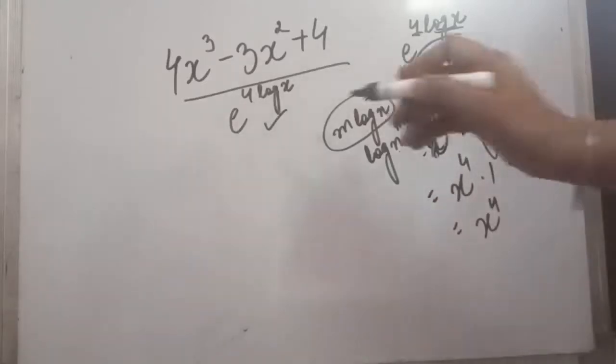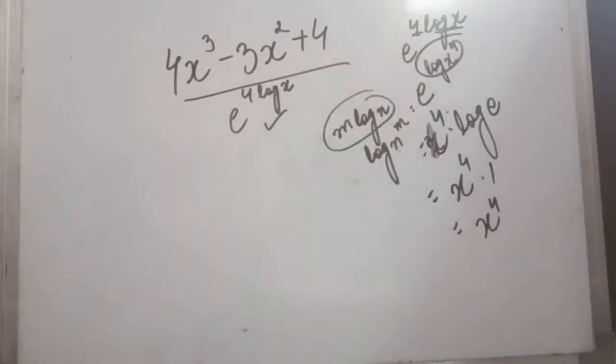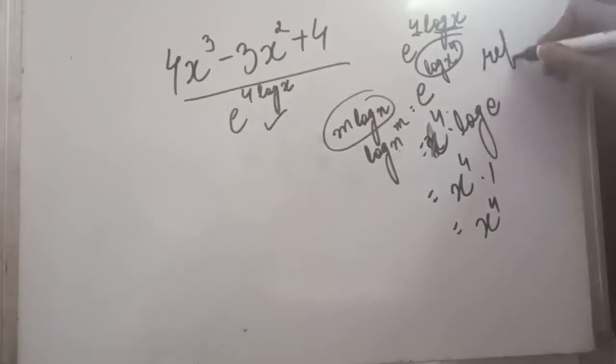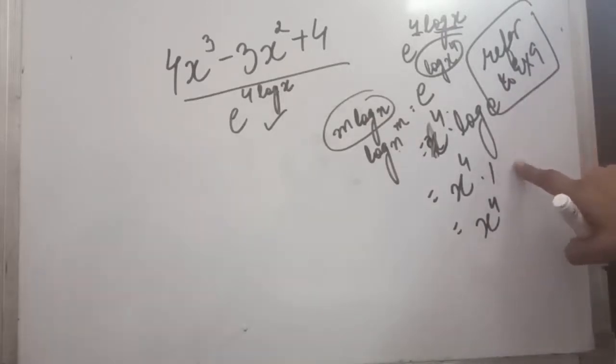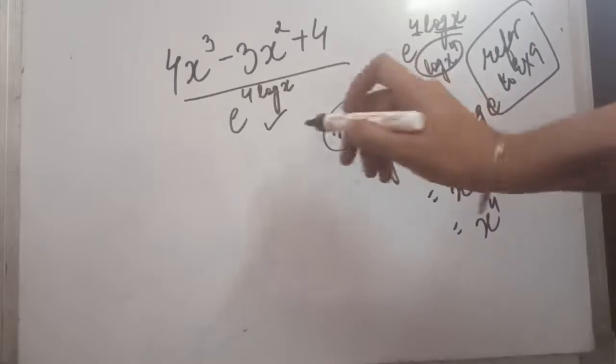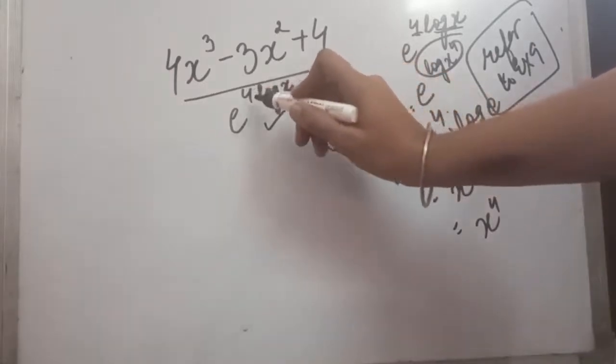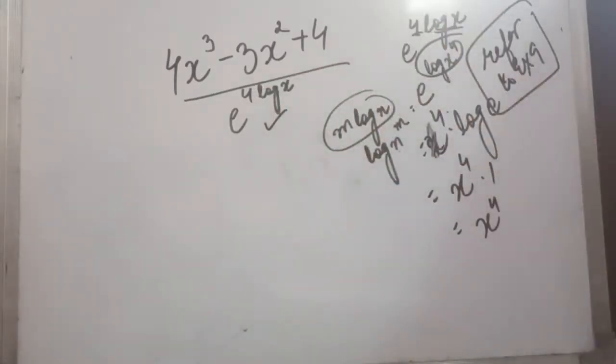So we can say that this value is equal to x power 4. To just clarify this step further, you can refer to example number 9. In your books, example number 9 has been given. The same point has been clarified there as well. So we have found that e's power 4 log x was equal to x power 4.